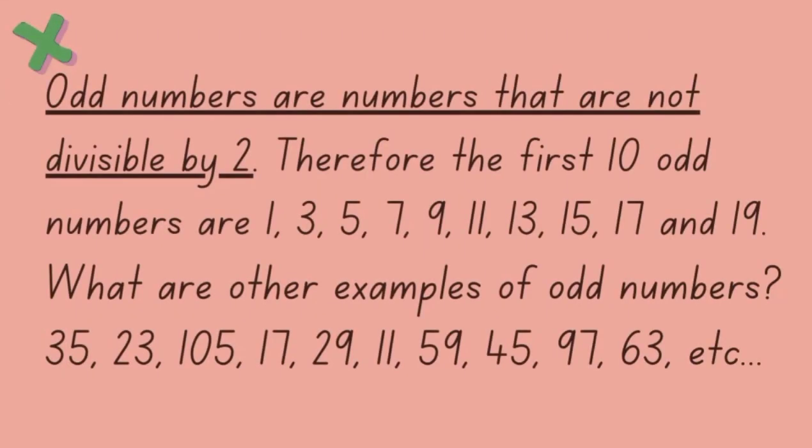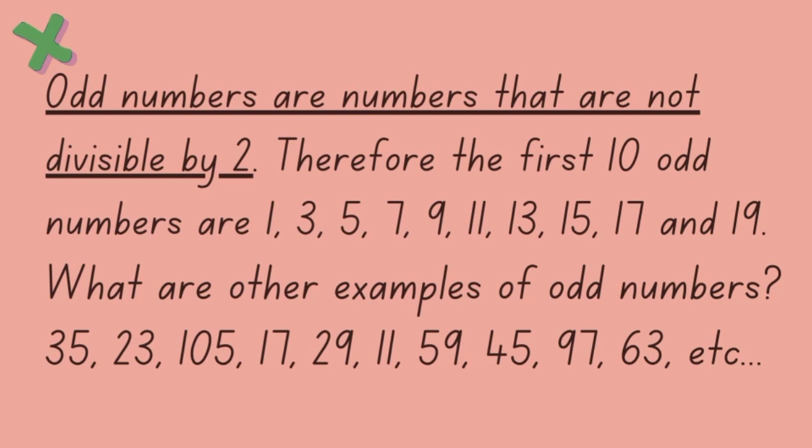Odd numbers are numbers that are not divisible by 2. Therefore, the first 10 odd numbers are 1, 3, 5, 7, 9, 11, 13, 15, 17, and 19.